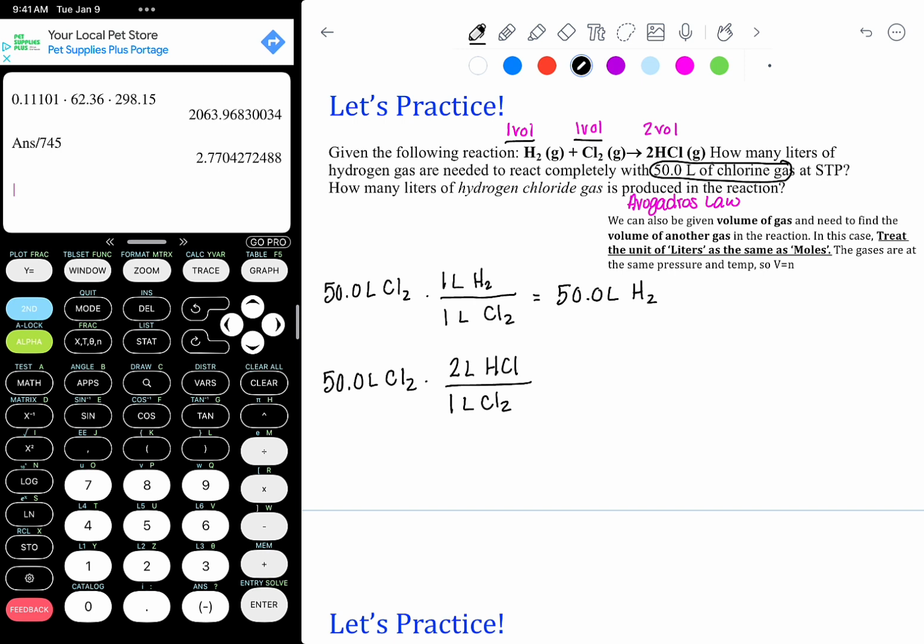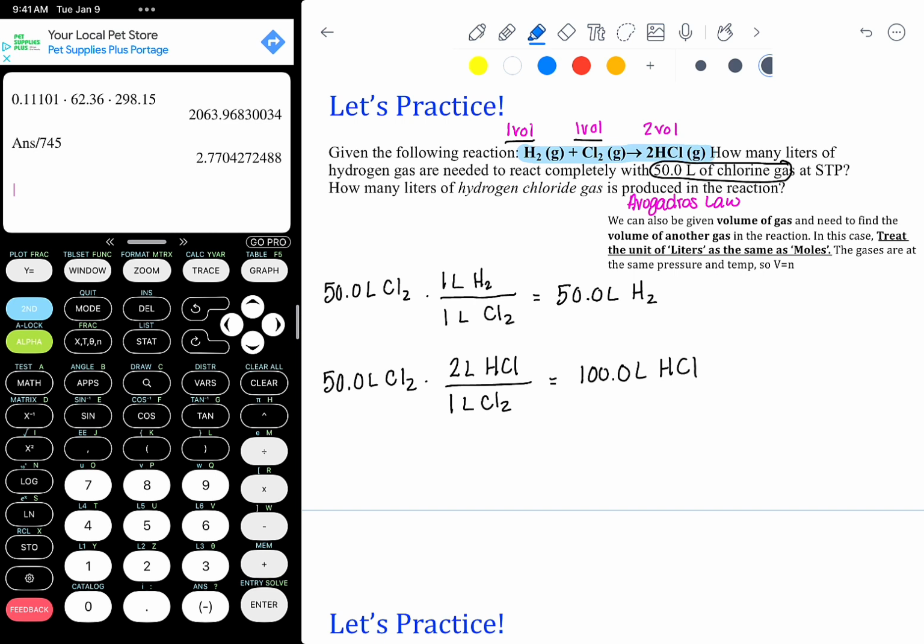So we take 50 liters of Cl2, multiply it by 2 from our mole ratio, and we get 100 liters of HCl created. So that's a way that we can use our mole to mole ratios as liter to liter ratios.